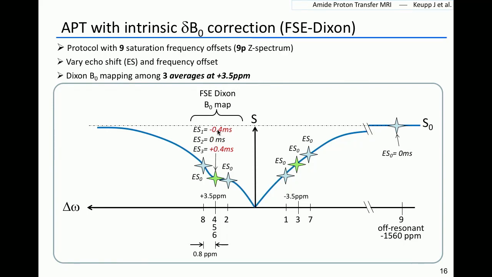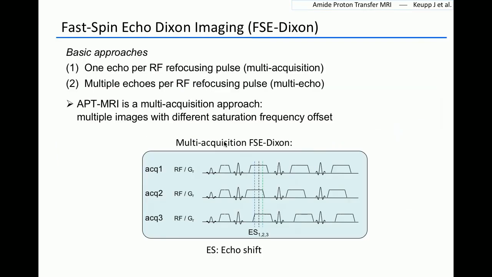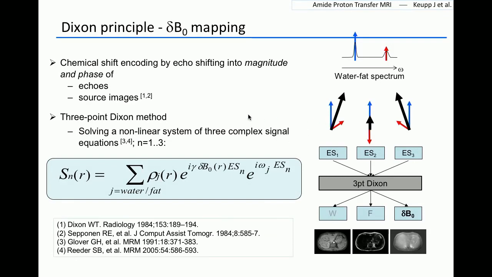And the reason they do this is to acquire a B0 map just using these different echo times, the signal phase differences. And so on these Philips scanners, they shift the echo over the 3 acquisitions and then use a 3-point Dixon method to basically create the water, fat, and B0 maps from the first signal in the echo train.